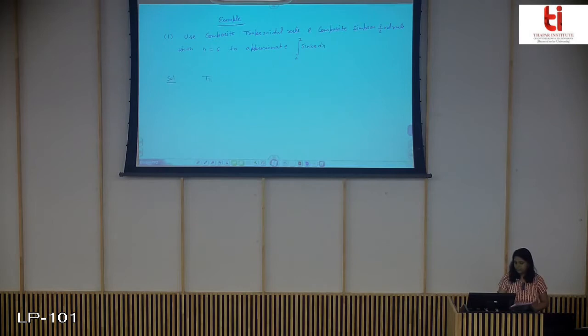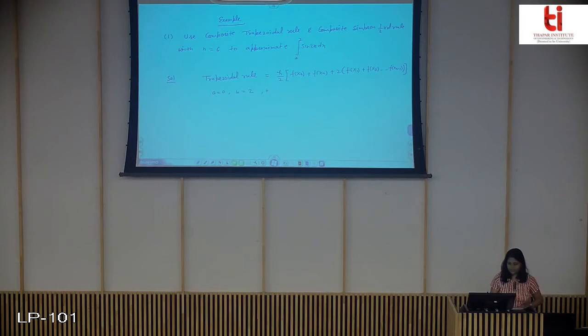What is the trapezoidal rule? It is h upon 2 times [f of x0 plus f of xn plus 2 into (f of x1 plus f of x2 plus ... f of xn minus 1)]. This is your trapezoidal rule. In this case, a is 0 and b is 2.